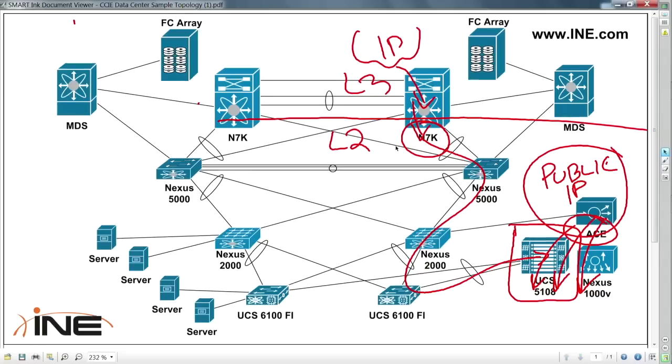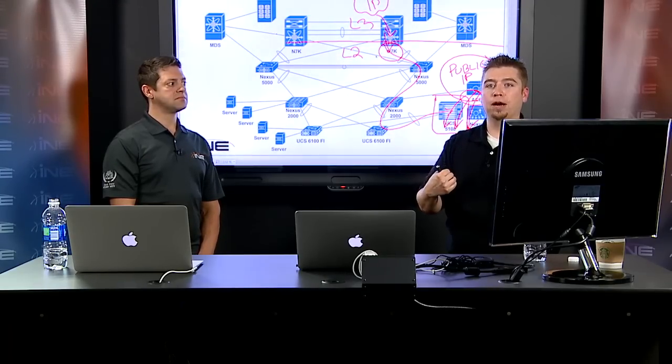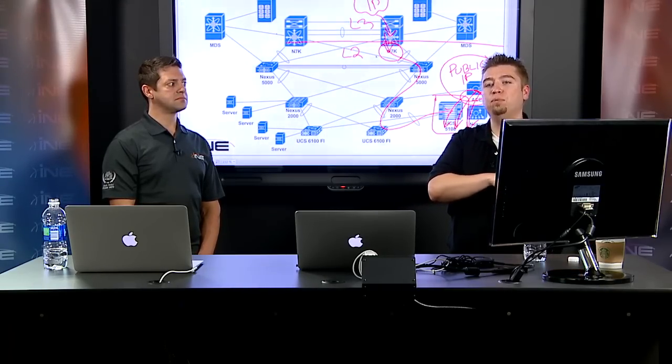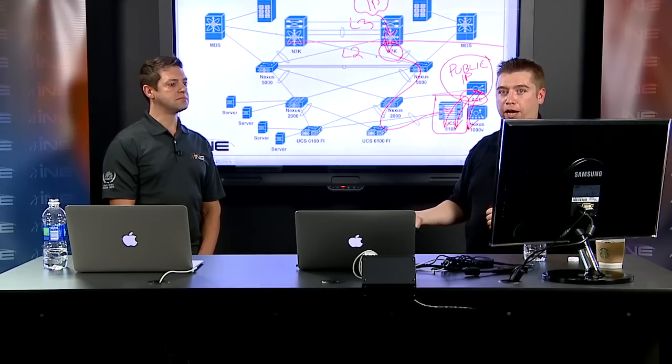So doing basic layer 3 checking is not good enough anymore from a high availability point of view. Instead, I'm going to maybe send an HTTP GET and figure out, did I actually get the web page response back in? If I don't get the response, I'm going to take that server out of the virtual pool, so they're no longer able to forward traffic for that particular server pool that I've defined.